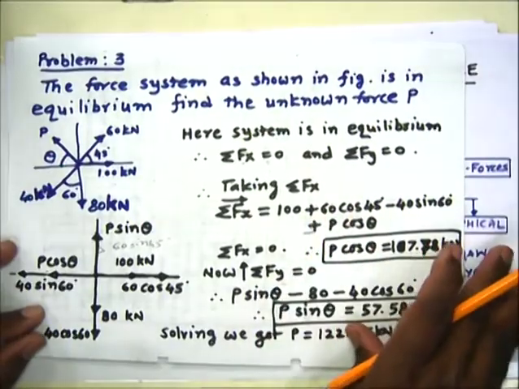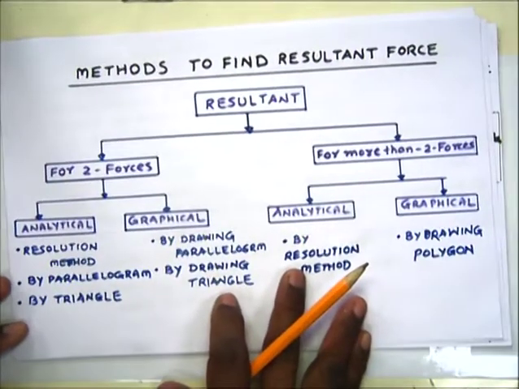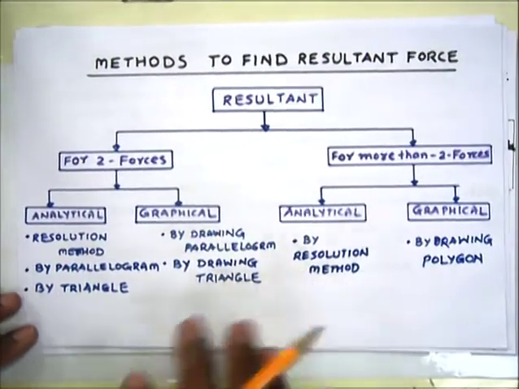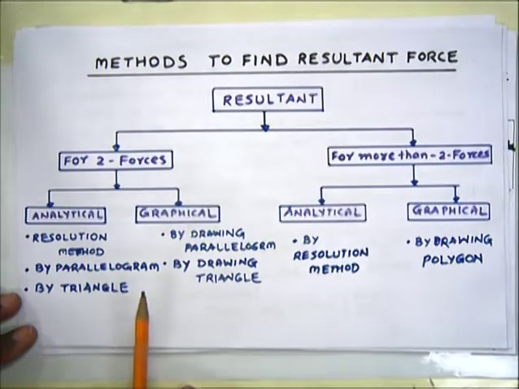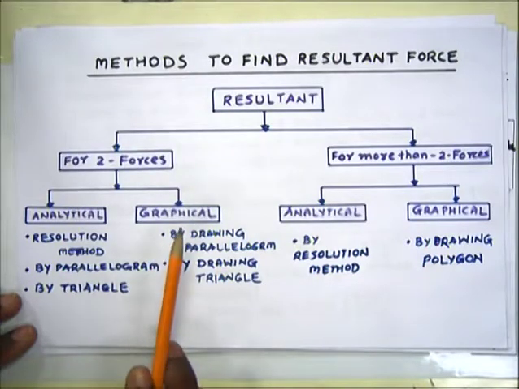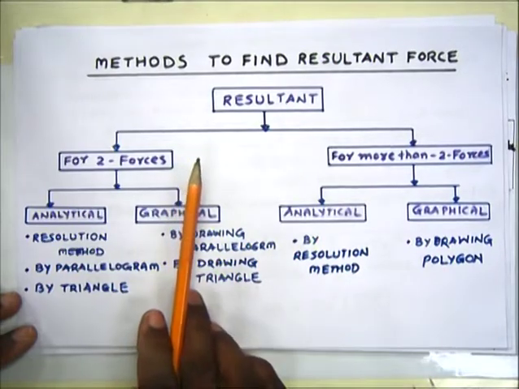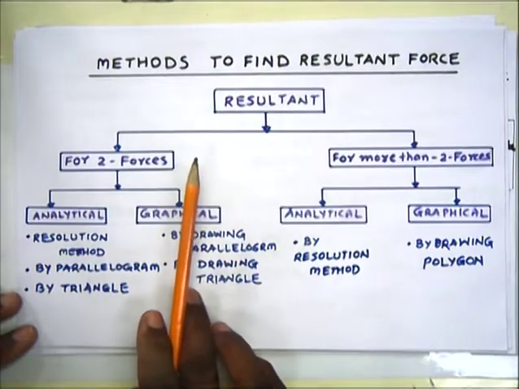So this is about problems related to equilibrium and equilibrant. Now we will see methods to find the resultant force. As we discussed, we can categorize the cases: if a single force is acting on a body, then that single force itself is the resultant.